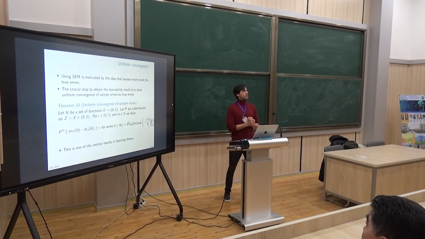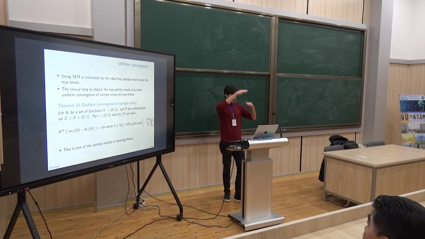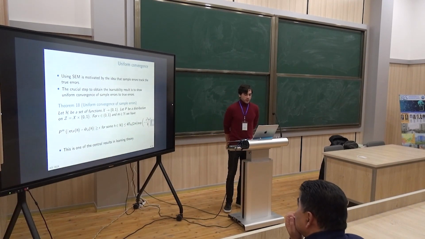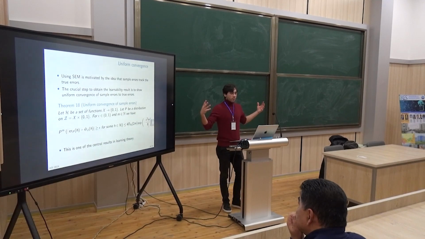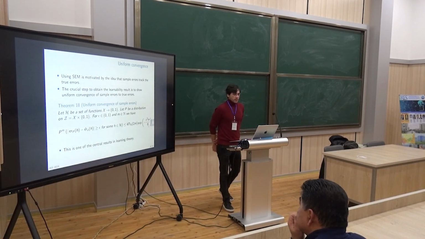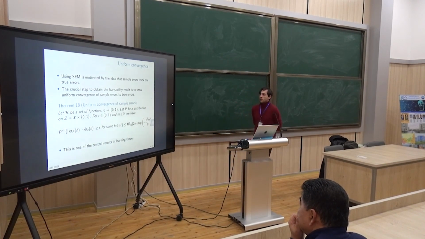And recall, we need to do that for all the hypotheses in our class, because we're not just trying to estimate the error for one function, but for all the functions in the hypothesis class simultaneously. That's why we need to talk about uniform convergence, uniform for the hypothesis class. And so that's the crucial step to obtain the learnability result from the previous slide. This statement is the uniform convergence of sample errors.